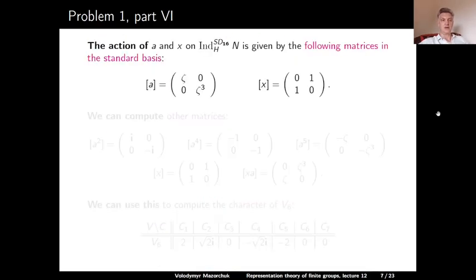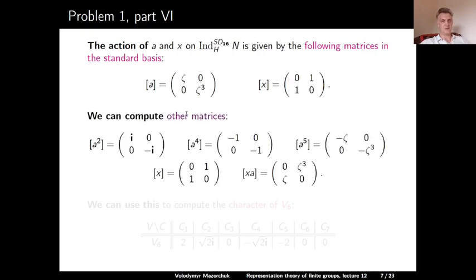So the action of the generators A and X on the induced module is given by the following matrices. A acts by the diagonal matrix which has zeta and zeta to the power 3 on the diagonal, and X acts as the matrix 0, 1, 1, 0. So it swaps the two basis elements of the module.